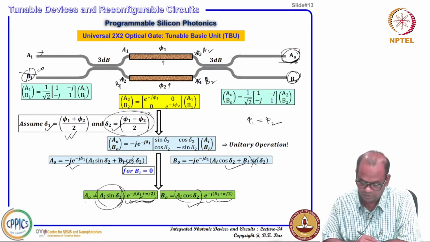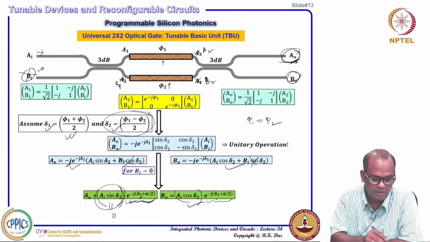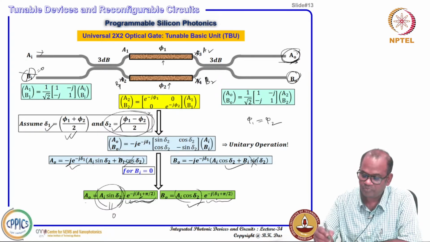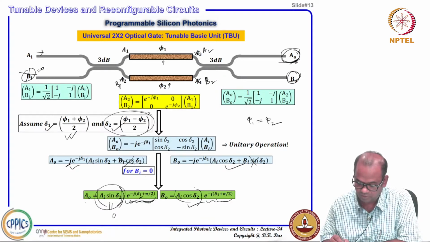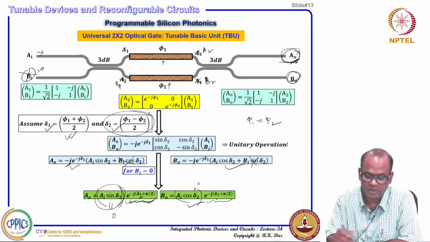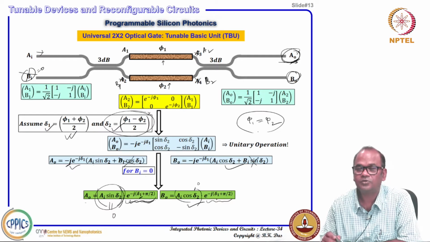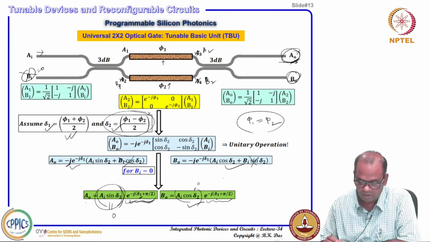So, delta 2 equal to 0 means this one will be equal to 0. At the bar port you get 0 amplitude, but in the cross port you get the maximum, cos delta 2 equal to 0, which is 1. So, that is a simple thing, which was established before.